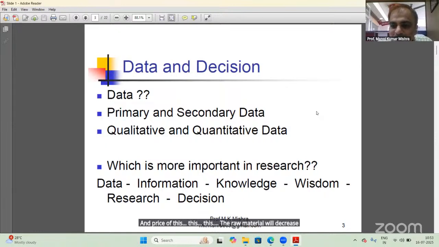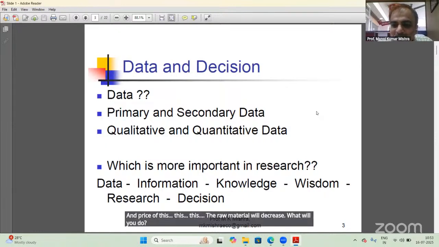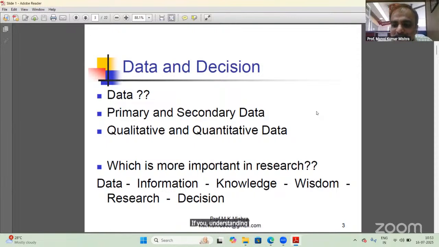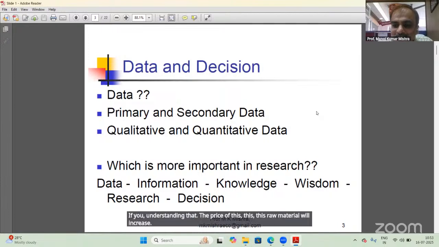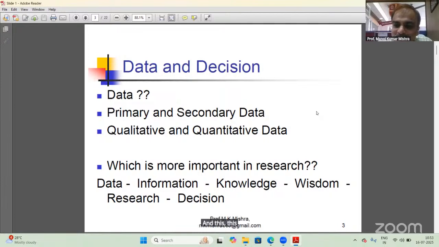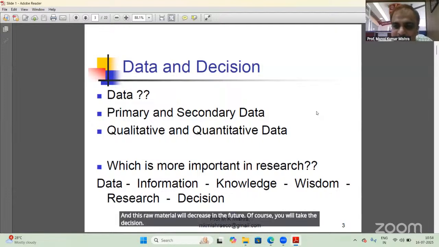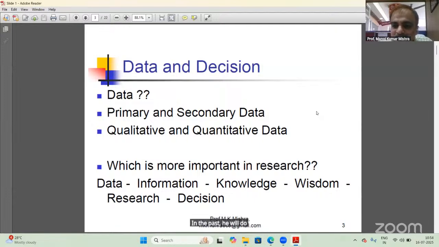What will you do? If you understand that the price of this raw material will increase and that raw material will decrease in the future, of course you will take a decision. Based on the future, you will act in the present. If the price will increase in the future, you will purchase in the present.